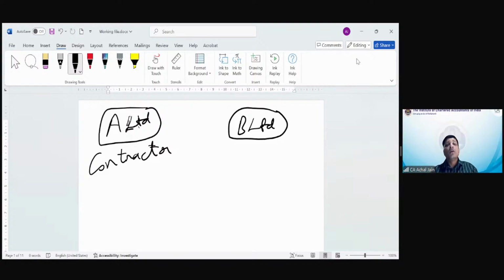Now, what will you say about B Limited in such a case? B Limited therefore will be the customer. Customer means for whom A Limited will carry out this work. So in this case, A Limited will provide construction services to B Limited.